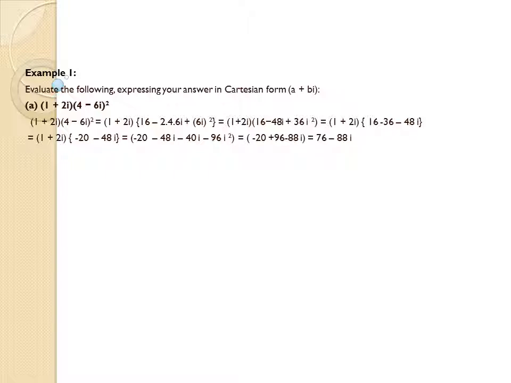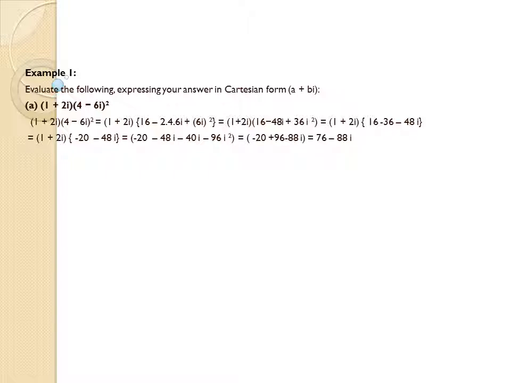Now we are just doing the multiplication. (1 plus 2i) into (minus 20 minus 48i), that is minus 20 minus 48i minus 40i and minus 96i square, because 2i into 48i means 96i square. i square equal to minus 1, so minus 20 minus 48i minus 40i, 48i minus 40i, that means 88i, and 96i square equal to minus 1 will come as plus 96.